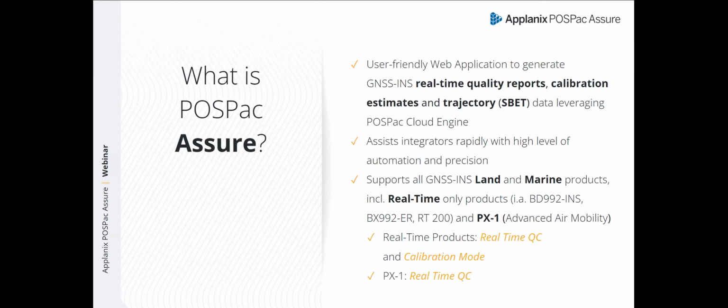However, for all of those different products, we are not supporting all different features. So for instance, the real-time products, we only support the features real-time QC and calibration mode. You will see in a couple of minutes what that means. And for the PX1 system, so this advanced air mobility system, it is the real-time QC mode only.